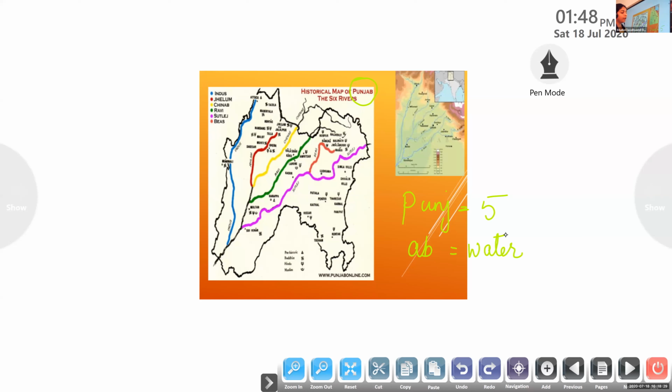What is the meaning of punch? 5. Very good. Ab means water. Punjab, 5 water. This means land between the water. Then Punjab means land between the water. I hope it's clear.